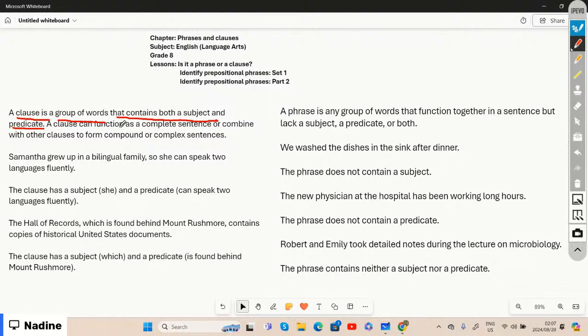A clause can function as a complete sentence or it can be combined with other clauses to form either compound or complex sentences.